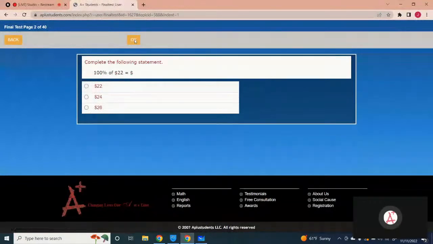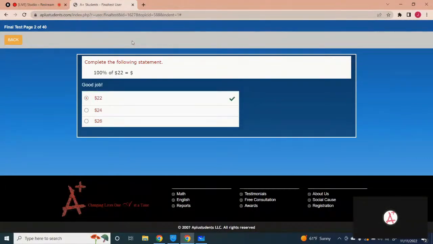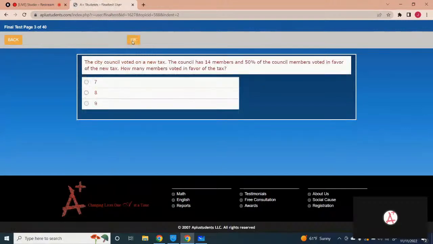Complete the following statement. 100% of 22 is 22. Just select the correct option and click on the OK button. Okay, the city council voted on a new tax.